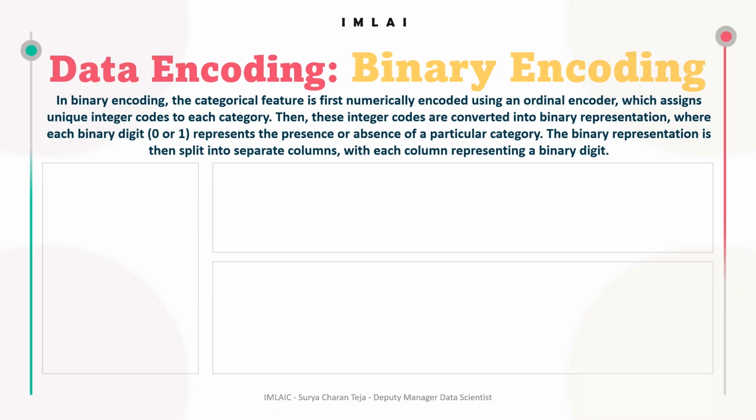Then these integer codes are converted into binary representation, where each binary digit, 0 or 1, represents the presence or absence of a particular category. The binary representation is then split into separate columns, with each column representing a binary digit.